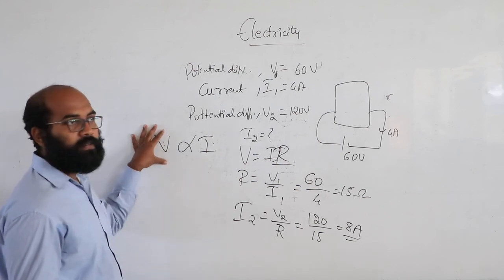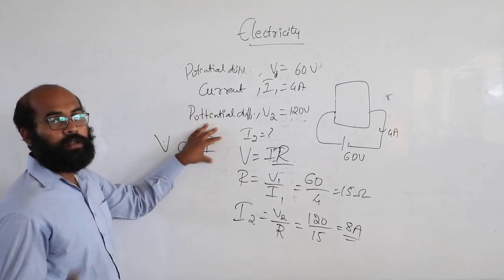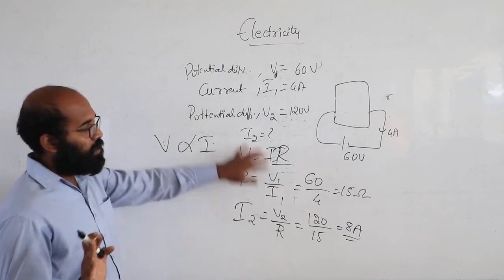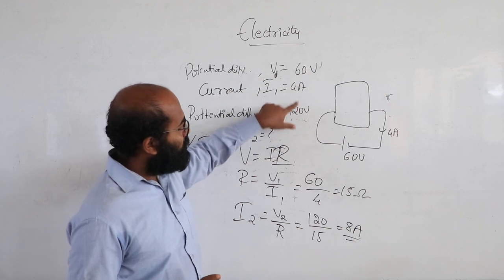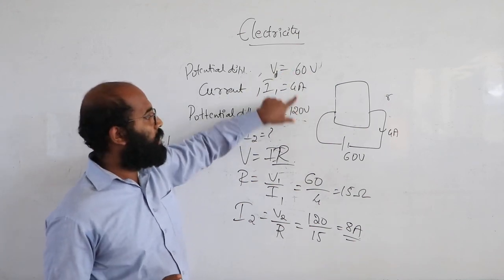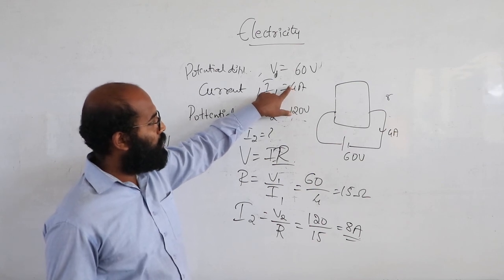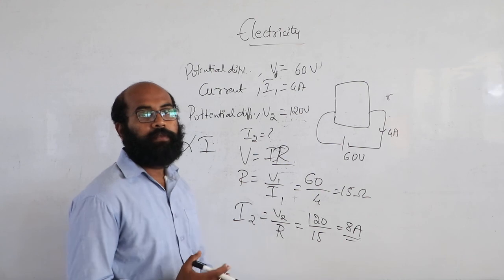When the potential difference is increased 10 times, current also increases 10 times, provided the resistance remains the same. Here resistance is the same, and the potential difference is doubled, from 60 to 120. So current will also double. Here it is 4, here it should be 8. So you are getting 8 ampere.